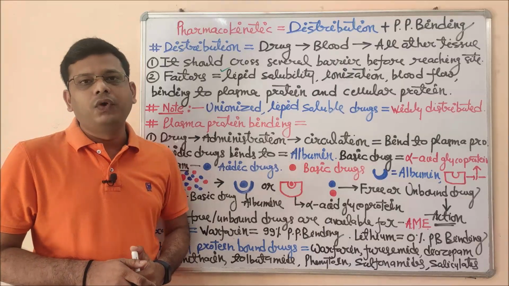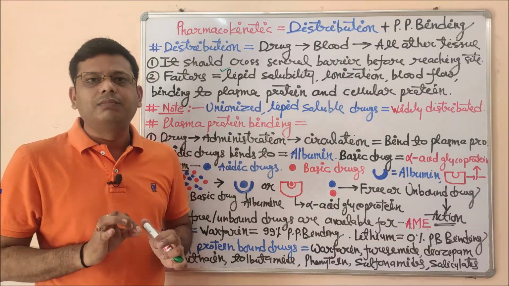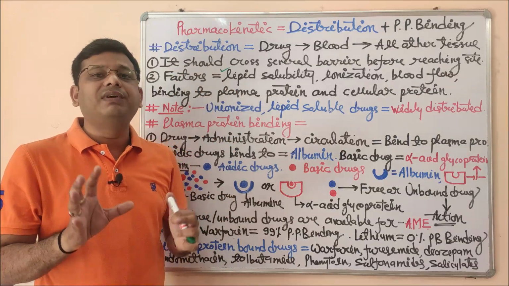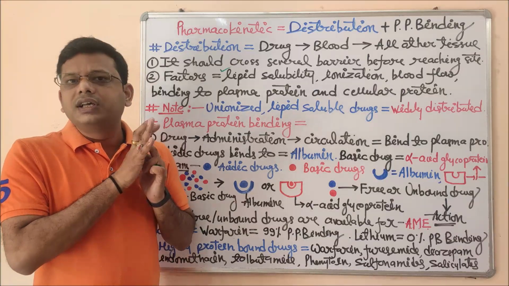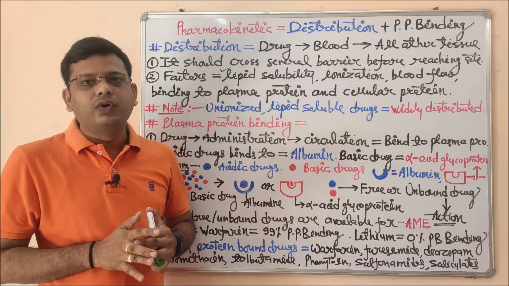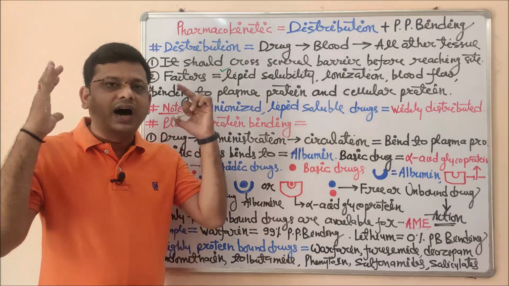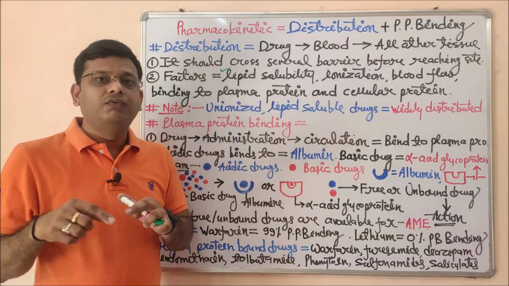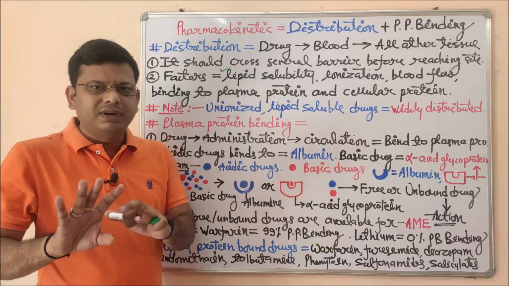The next one is blood flow. Let me give a few basic examples which are not actually taking place. Suppose my head portion is receiving a large amount of blood, while the leg side receives comparatively very little blood circulating through. If the blood flow is higher on the head side, the drug dissolved in the blood will reach the brain in much greater quantity as compared to the foot side.